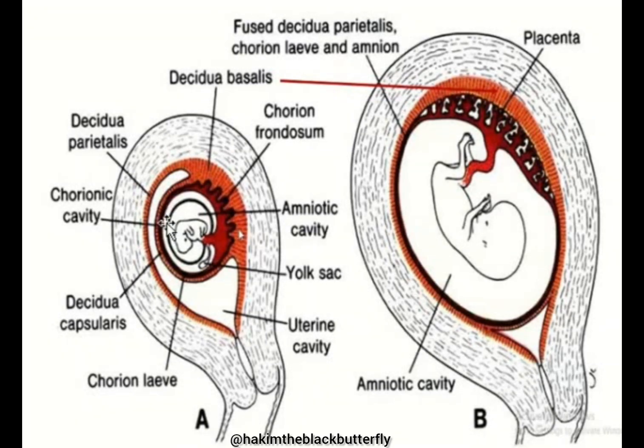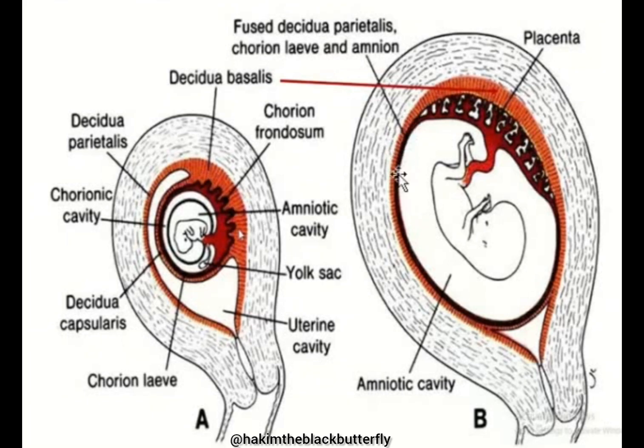When growth continues, the decidua capsularis at this level where we have the implantation will also fuse with the decidua parietalis, so that you're no longer seeing the chorionic cavity and you're no longer seeing the uterine cavity at this level because of the fusion of all these membranes and obliteration of the cavities between them, such that the only cavity which will remain in view is the amniotic cavity, which will be surrounding the embryo.